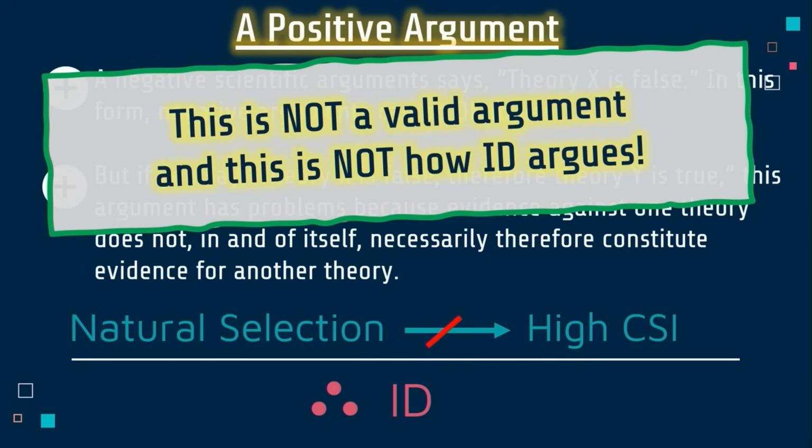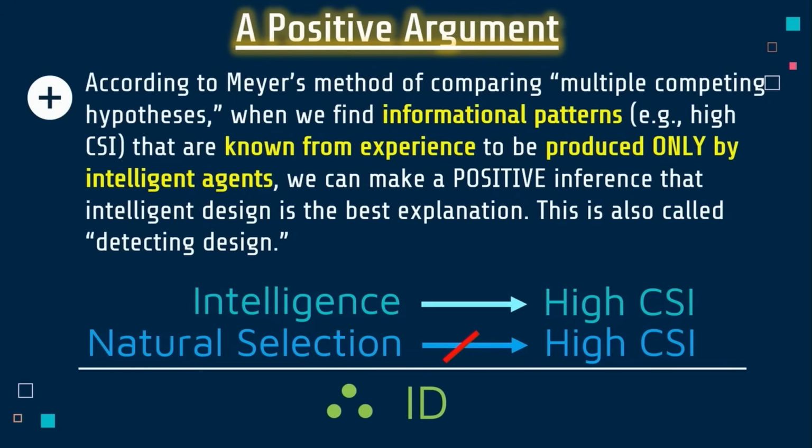ID is always looking for positive evidence. Again, we're finding in nature the kind of information and complexity which in our experience with the world around us, we already know always comes from intelligence. So according to Stephen Meyer, when we are trying to use design detection methods, we can use a method he calls comparing multiple competing hypotheses.